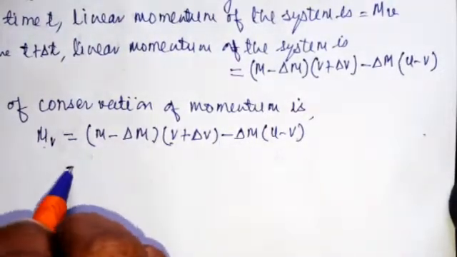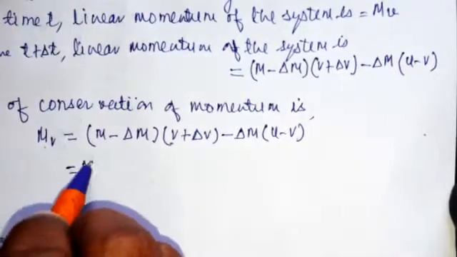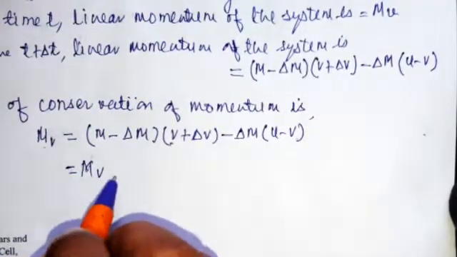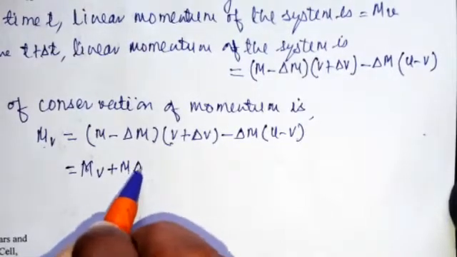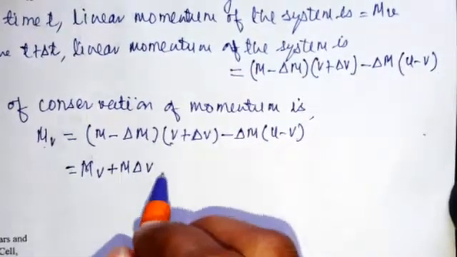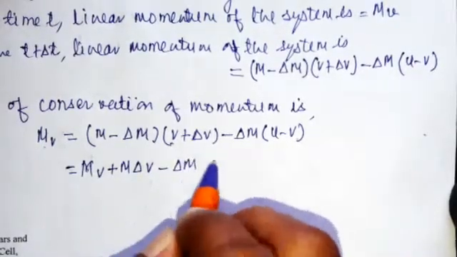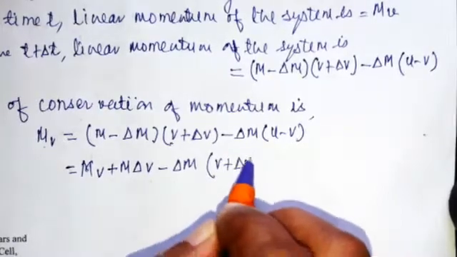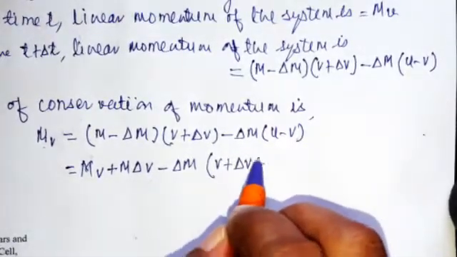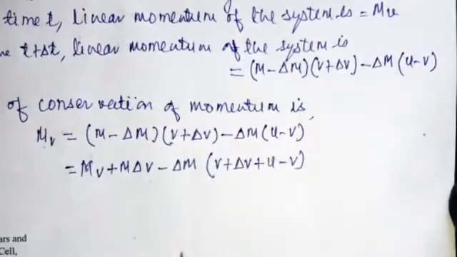We can write here, on multiplication, mv plus m into delta v minus delta m into v plus delta v plus u minus that term.